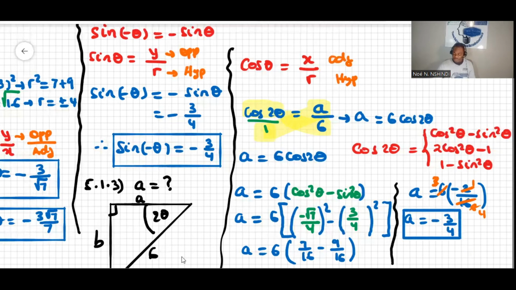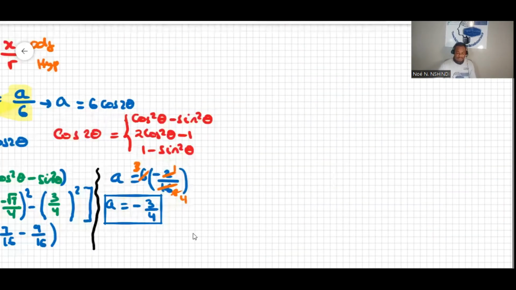Okay, I'm pretty sure if you check with the other formula, you're going to get the same answer. Let's check. Over here I worked out the first formula. Now let's take the second formula. If we sub in, A will be equal to 6 open brackets 2 cos squared theta minus 1. Then that will be 6 open brackets 2 cos of the angle.